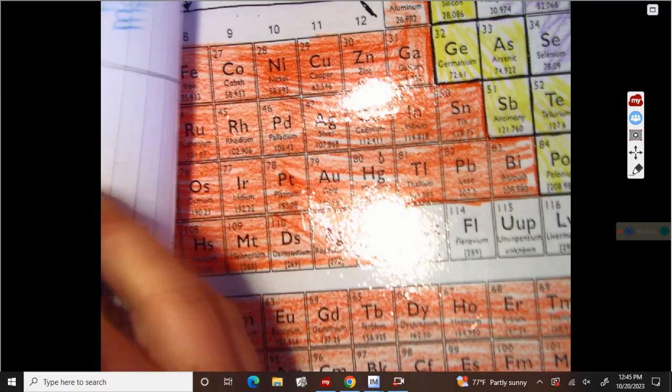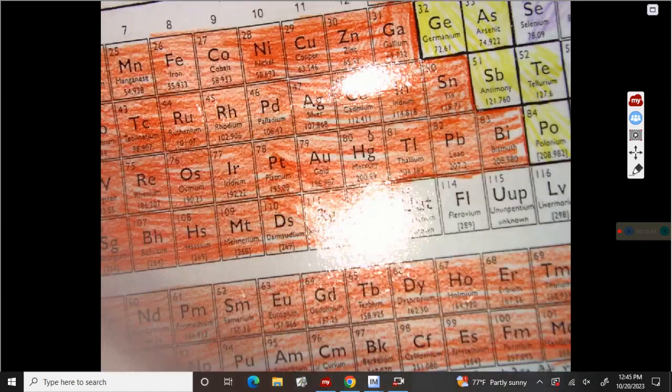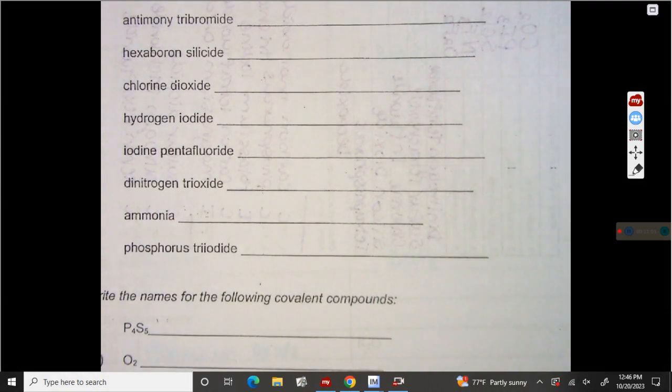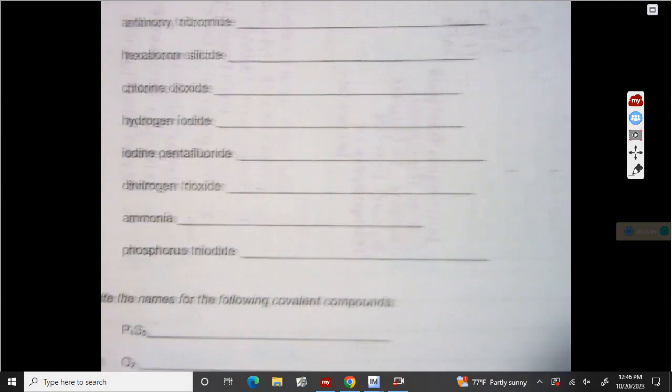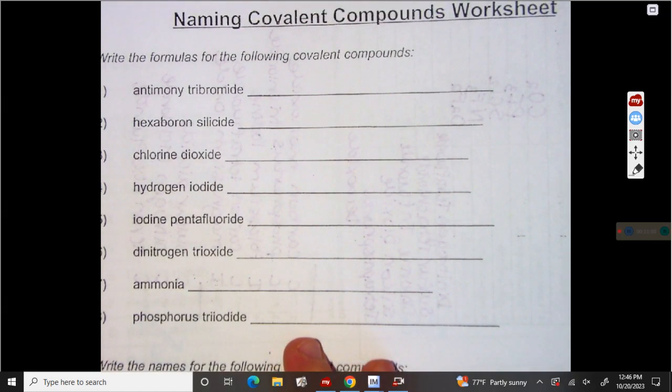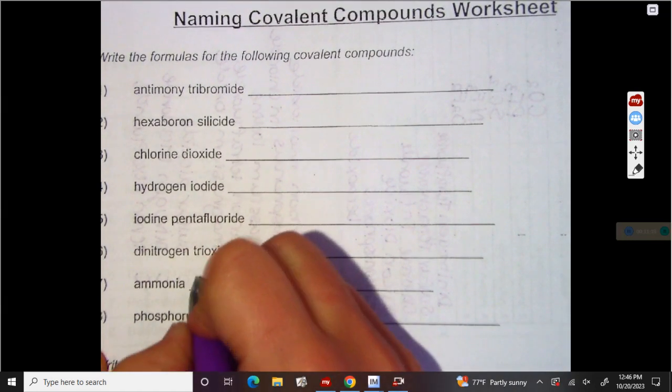All right, now let's flip to the next page, page 12. This is where we're going to end today. I want you to look at some of these. Now, I know that some of them are going to be examples of metalloids, and that is okay. But these say naming covalent compounds. So these metalloids are going to act as covalent nonmetals.